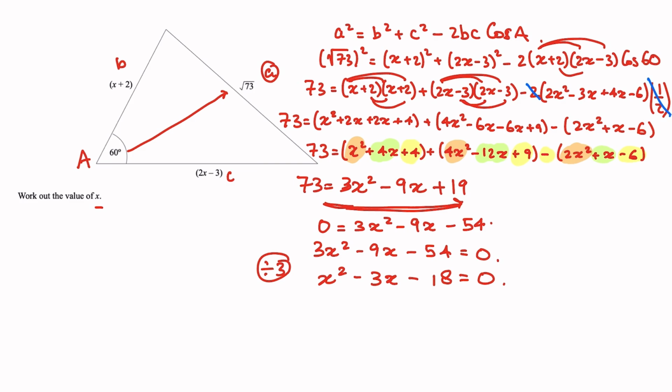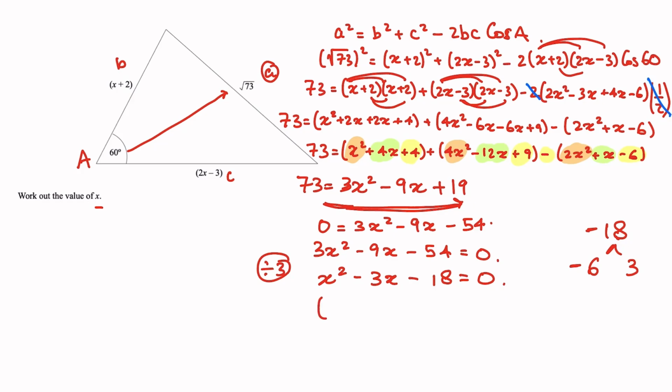And the two numbers must add up together to give us minus 3 as well. As I said, when you add these two numbers we want to produce negative 3. So that can be achieved by doing minus 6 plus 3.